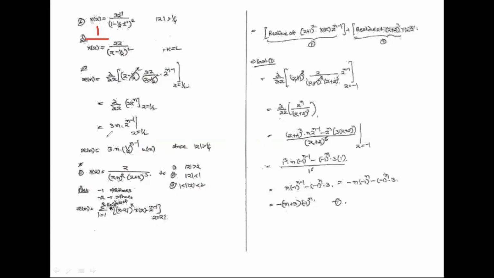What is the k here? The 3. So 1 by (3 minus 1) factorial, and dou 3 minus 1 by dou z.